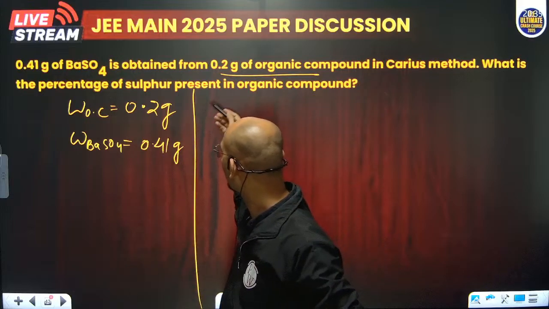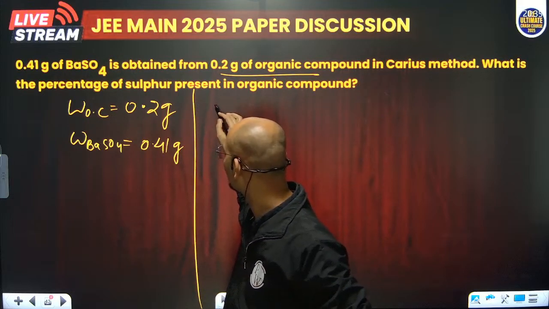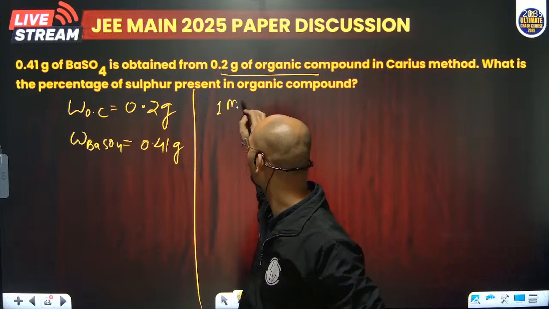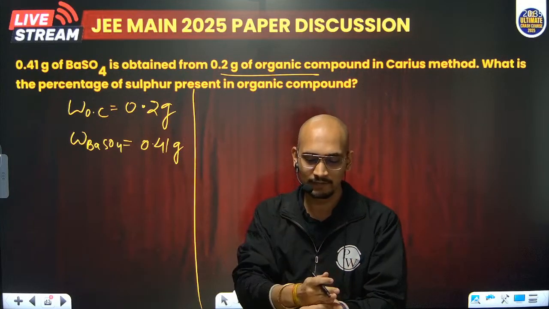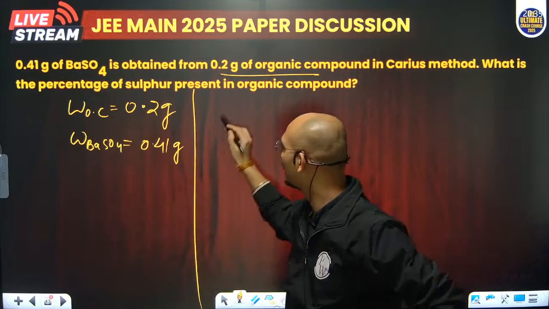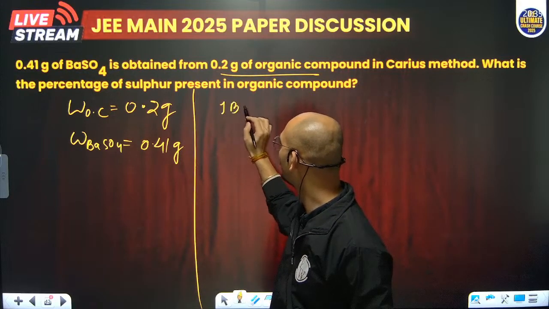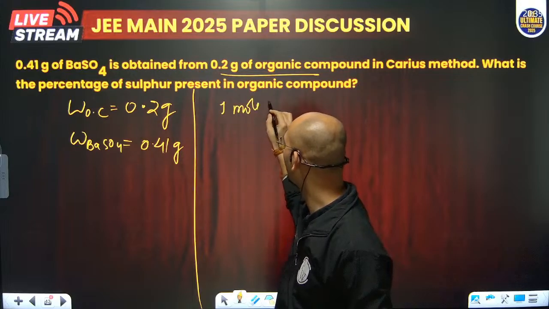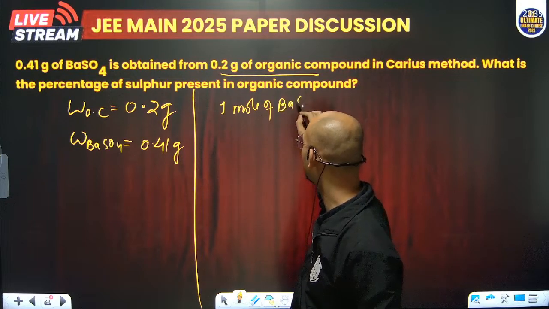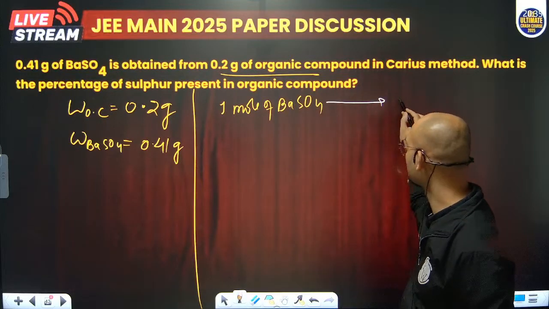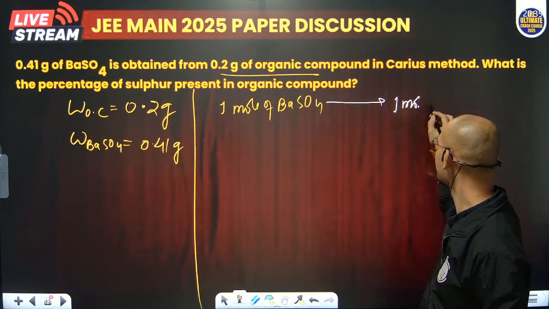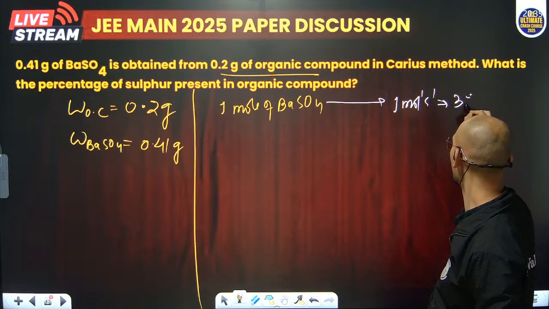If I go by the unitary method, we know that in the organic compound, all the sulfur is converted into barium sulfate. So we know that 1 mole of barium sulfate, how much of the sulfur is present there? 1 mole sulfur. 1 mole sulfur means 32 gram of sulfur.